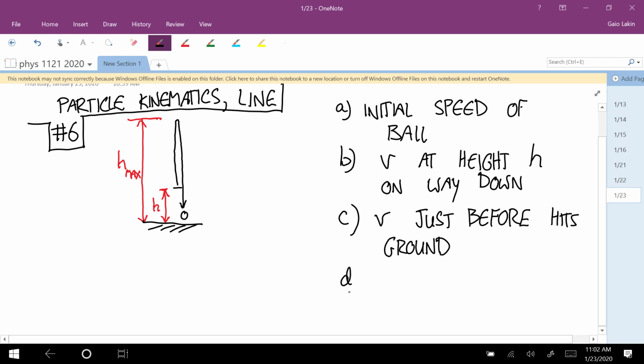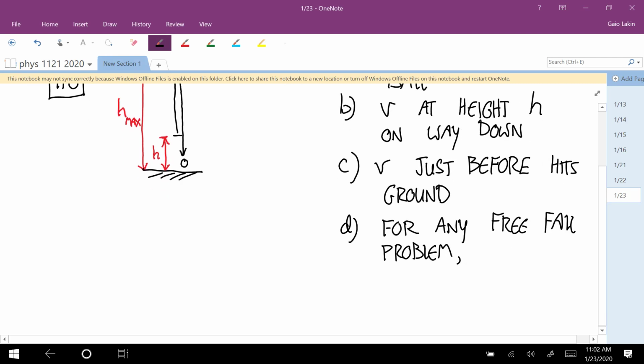And then the last one is show that for any free fall problem, the speeds are the same at the same height, whether it's going up or coming down.